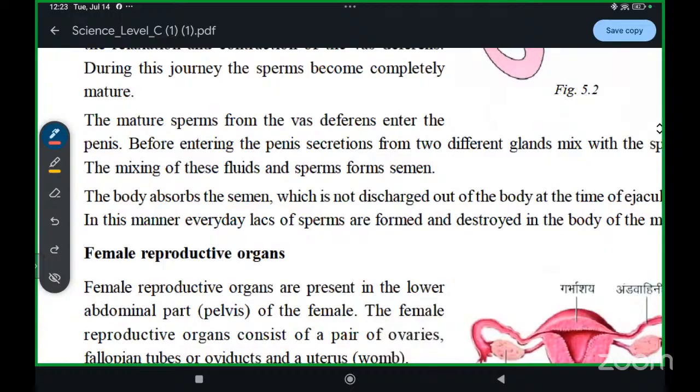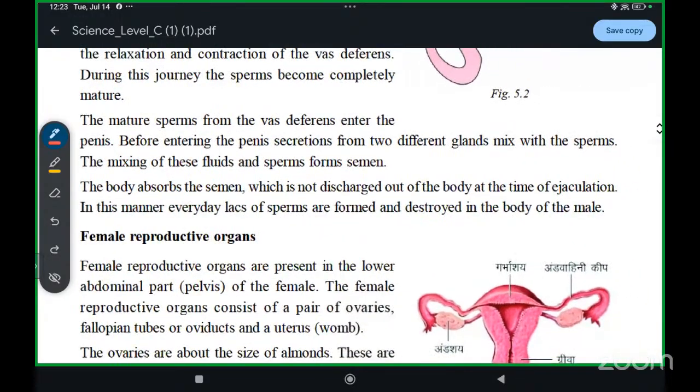The mature sperm from the vas deferens enter the penis. Before entering the penis, secretion from two different glands mix with the sperms. Two different glands secrete a fluid, and the sperms get mixed with this fluid. The mixing of these fluids and sperms forms something called semen.